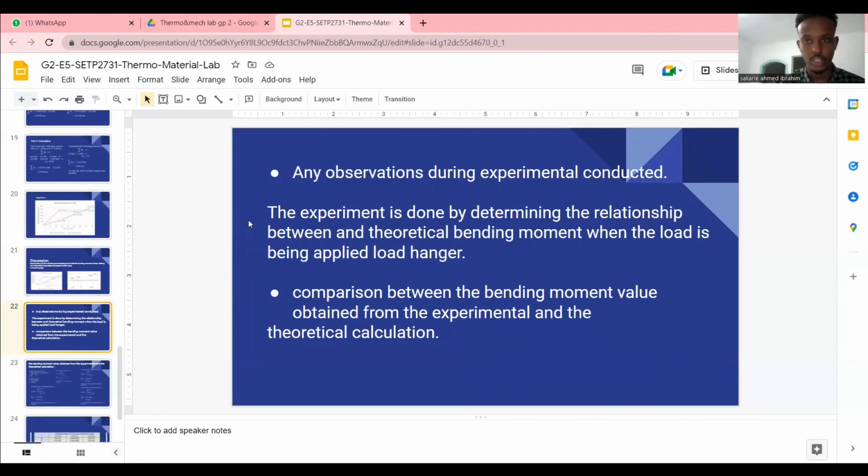The observation during the experiment conducted. The experiment is done by determining the relationship between theoretical bending moment and the experimental bending moment when the load is being applied on the load hanger, comparing the bending moment value obtained from the experiment and the theoretical calculations.